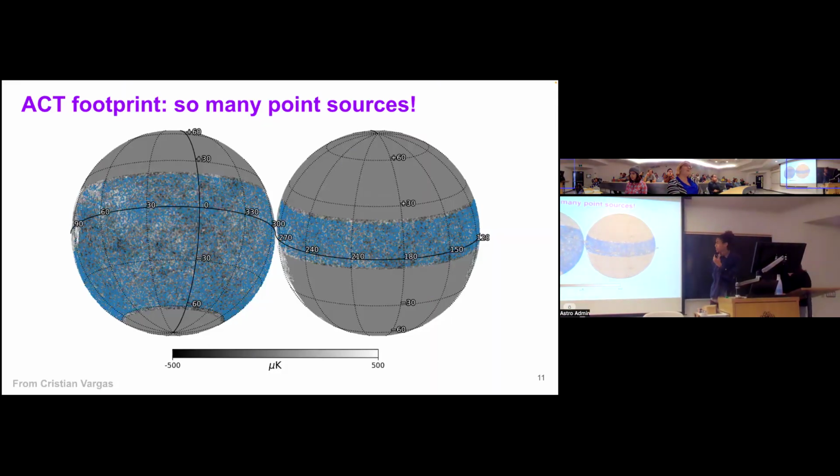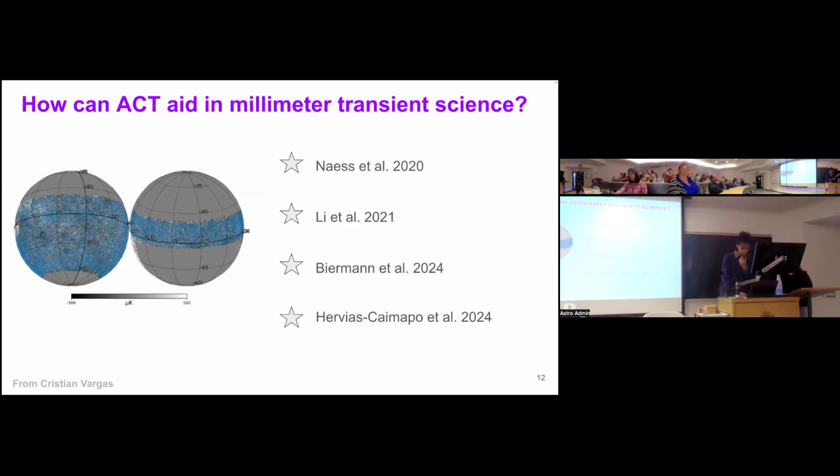So this is a projection of the footprint. Each blue dot is a point source, and ACT sees over 20,000 point sources in the database. And so this big field of view, combined with the relatively high resolution, can lead to transient science.